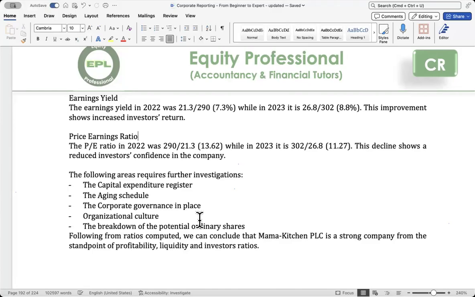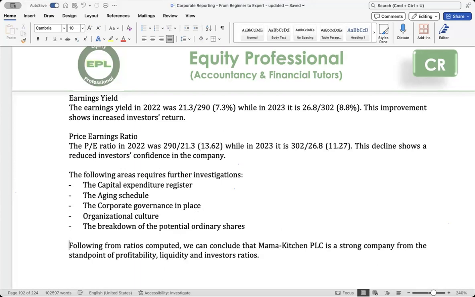So I talked about the following areas requiring further investigation: their capital expenditure register, their aging schedule, whether they have good corporate governance in place, their organizational culture, and the breakdown of potential ordinary shares.